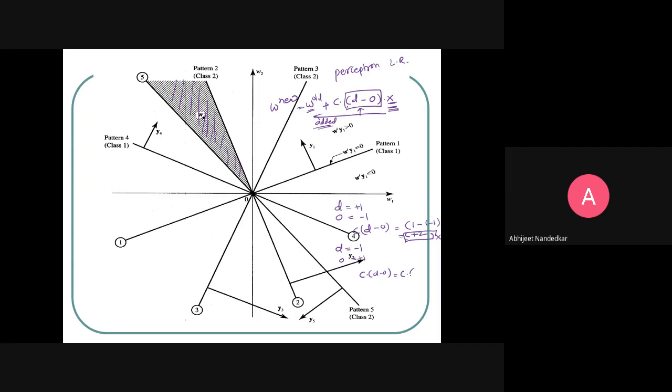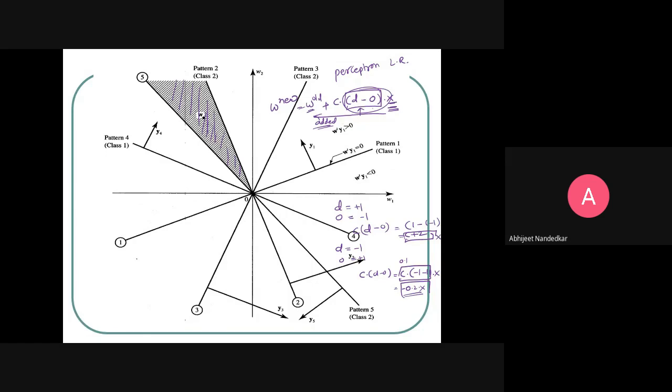So C into -1 minus of 1 into X. So this small portion, since I am putting C equal to 0.1, then this will be minus 0.2 into X. So this small vector is subtracted from current position of weight. So this is happening automatically, you need not worry. Once you implement this D minus O, this is taken care of.